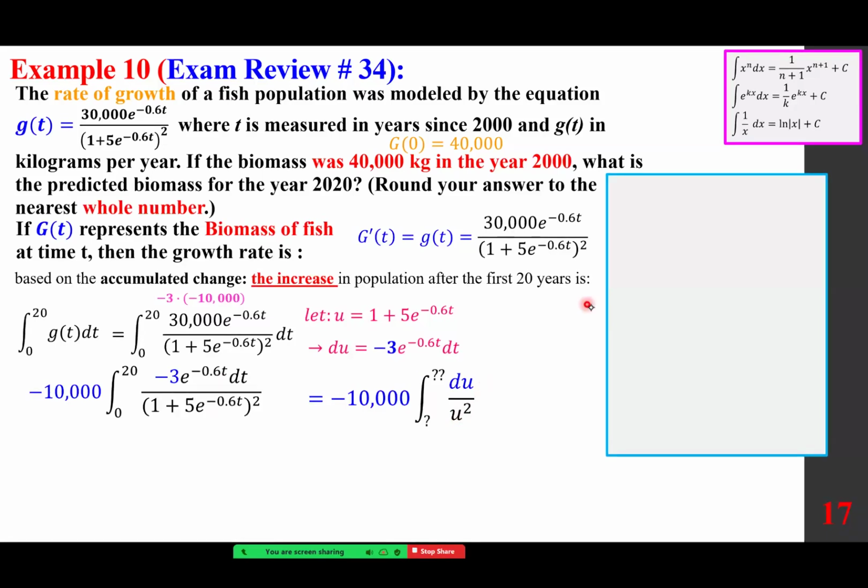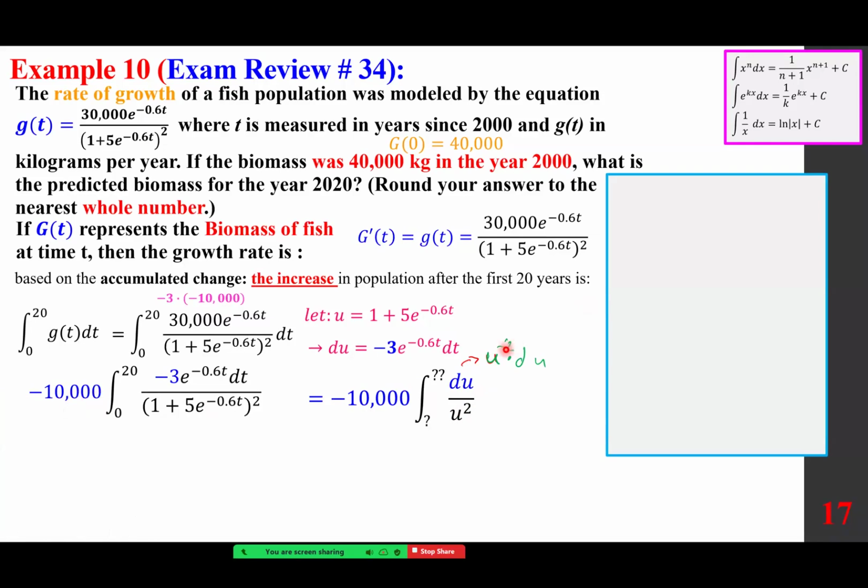Remember, it's going to use the power rule. First, you have to write this as u to the power of -2 du.